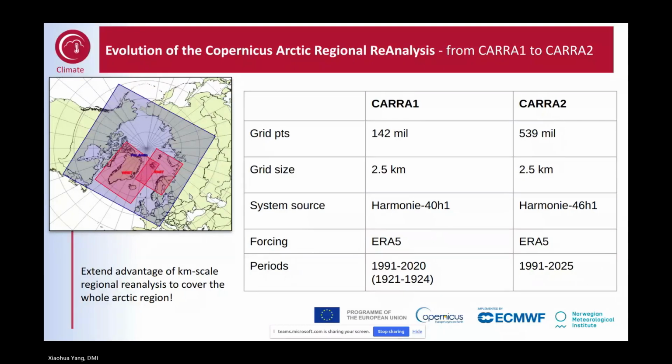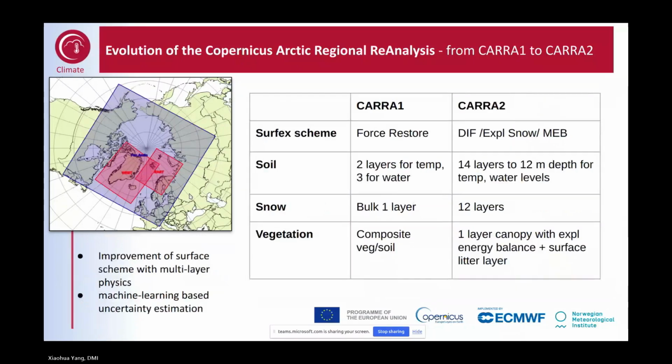And we have upgraded in this new coming system from the Cycle 40 H1 based system to that of Cycle 46, with a slight increase in the reanalysis data series from around 30 years to 35 years.